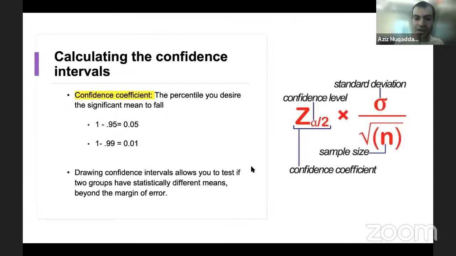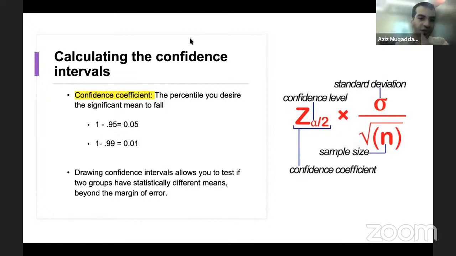So basically, the confidence interval. We explained how you calculate it, but it's something you would read in research papers, especially with experiments. They would tell you that they measured the significance, or the test, at the 5% level or the 1% level.